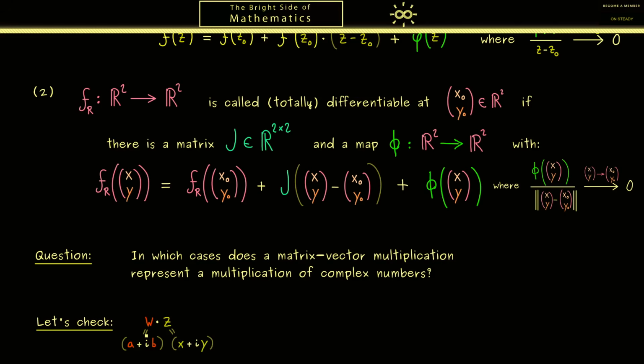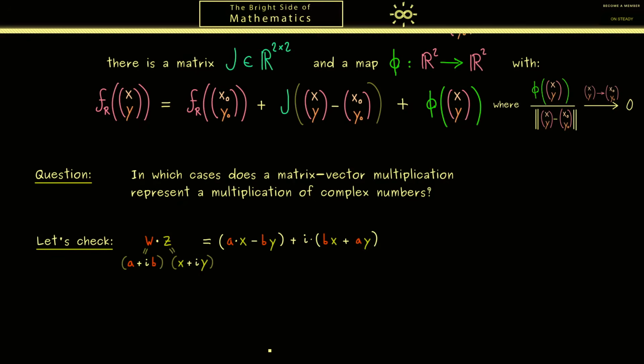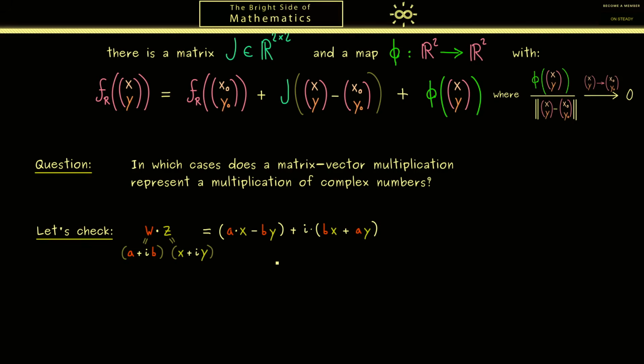Therefore we say w is equal to a plus ib and z is equal to x plus iy. And now we just do the multiplication, where we use that i squared is minus 1. Then we get a times x minus b times y plus the imaginary part, which is b times x plus a times y. Of course, this was not hard at all because you know how to calculate with complex numbers.